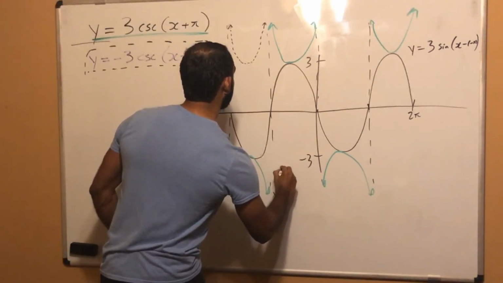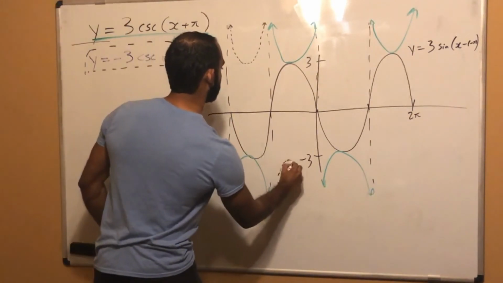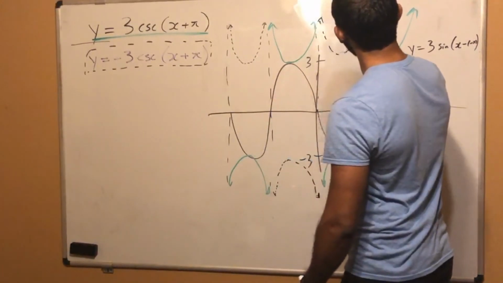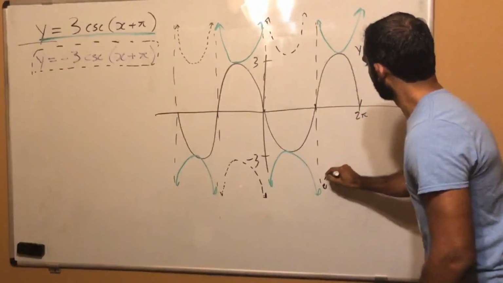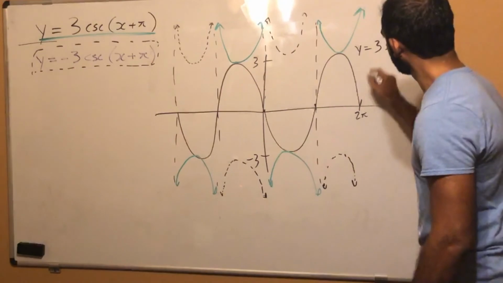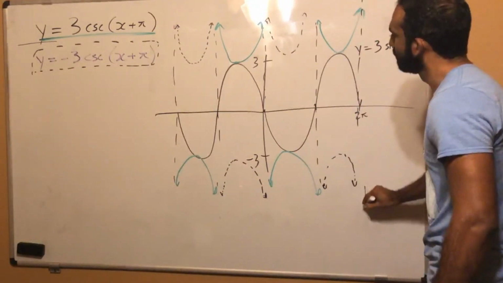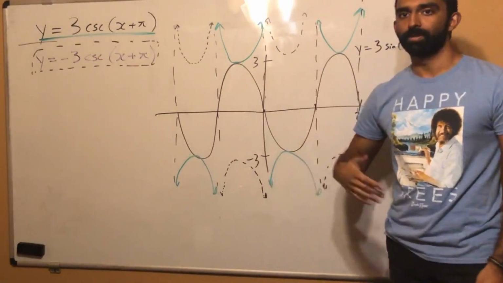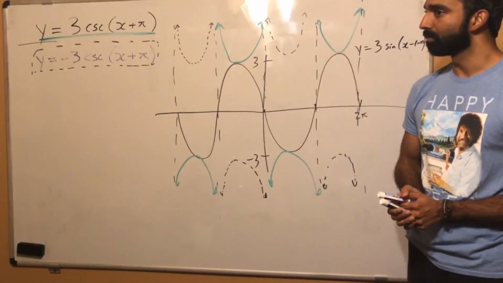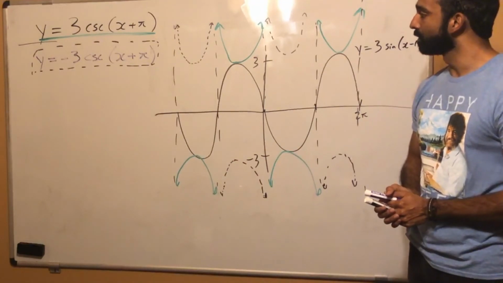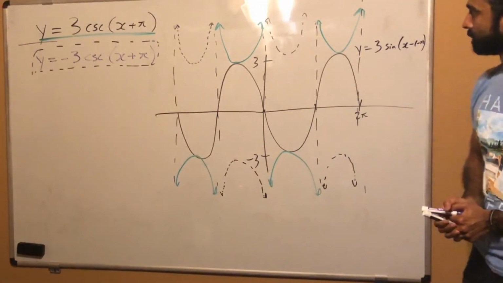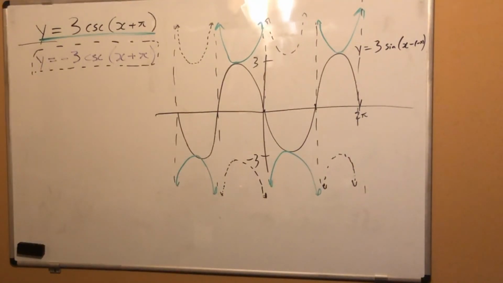So that thing becomes downward U, upward U, downward U. We've got vertical asymptotes. Okay, notice we always have 3 and -3 as being our minimum or maximum values for an upward U and a downward U, respectively. So yeah, any questions about that?